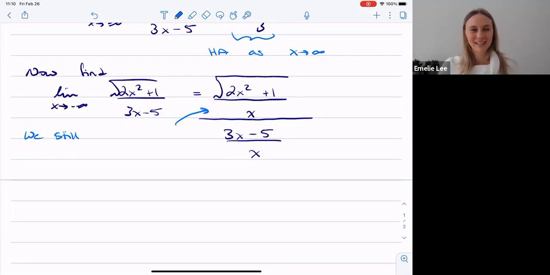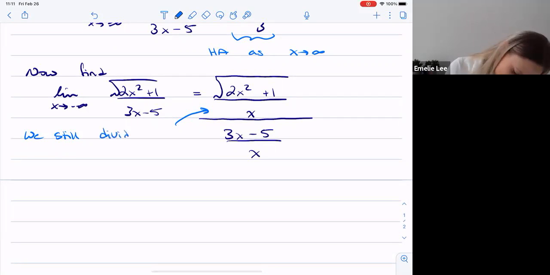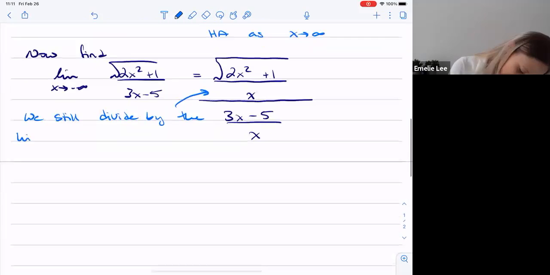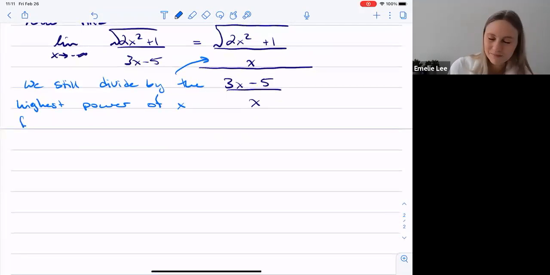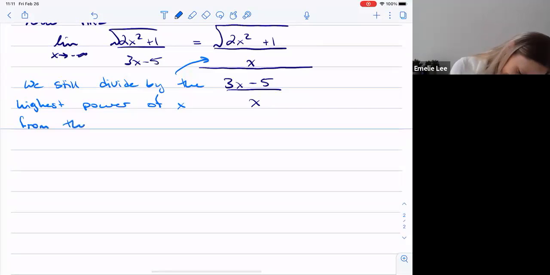So I don't need to talk for that much longer. So we still divide by the highest power of x from the denominator.